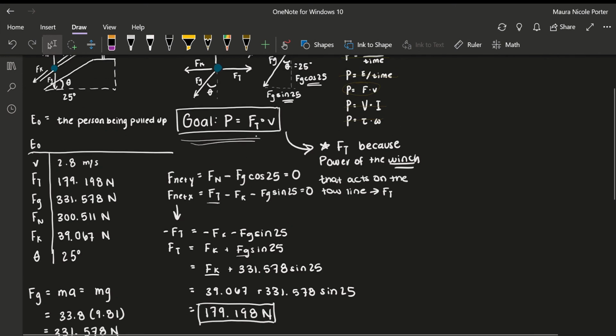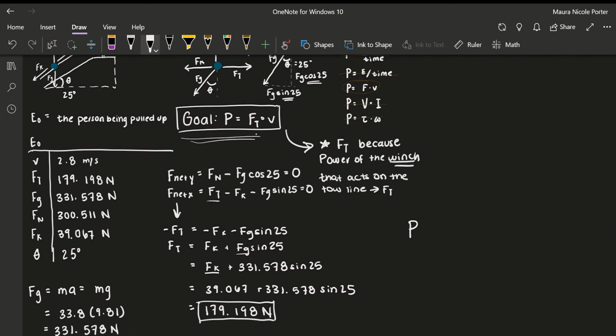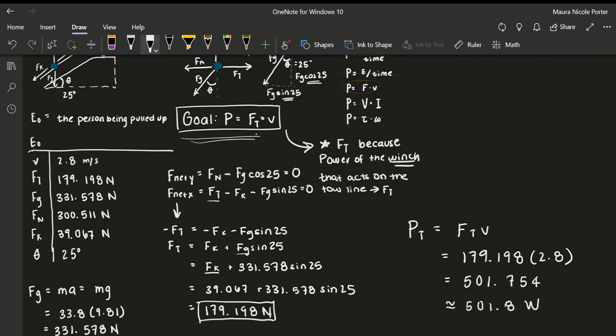So we have power is equal to f of t times v, which is going to equal 179.198 times 2.8 meters per second. And that gives us 501.754, which will round to 501.8. Standard units is watts for this problem.